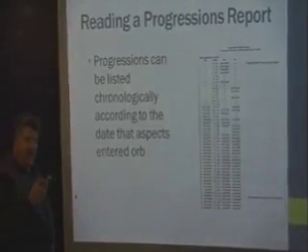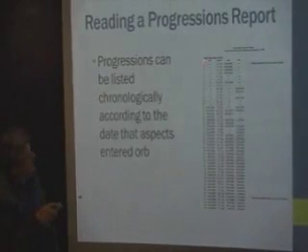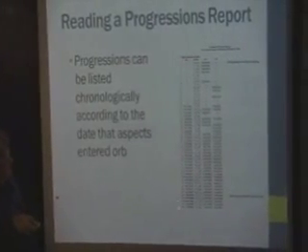And when we look at a progressions report, they're numbered. You set up parameters. I'd like to know between this date and this date what aspects are in orb. So this column will show you when the aspect entered. Those are the dates when they enter.